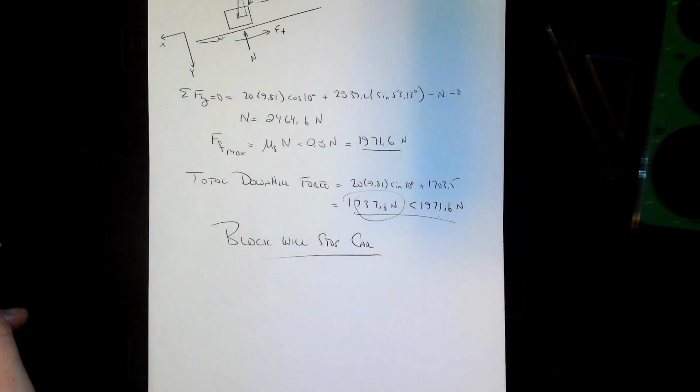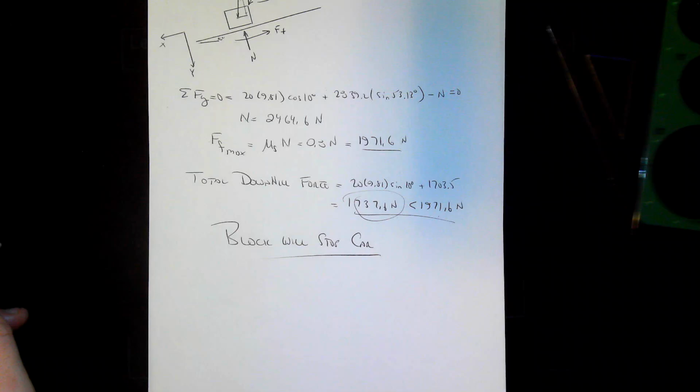So that's also going down, down is positive here, plus 2839.2 sine of 53.13 degrees, and then minus n equals 0. That's pushing back. Solve for n, come up with n is 2464.6 newtons.